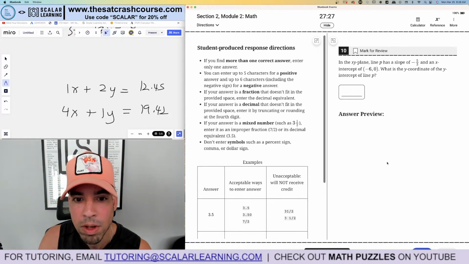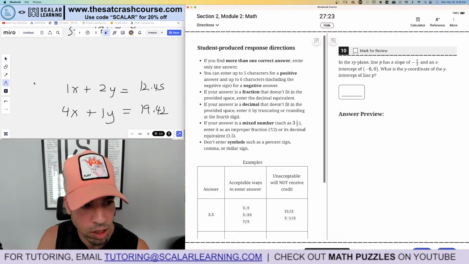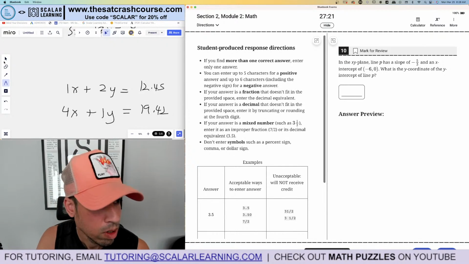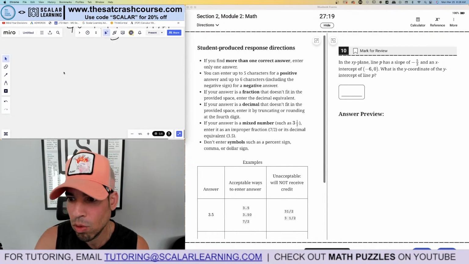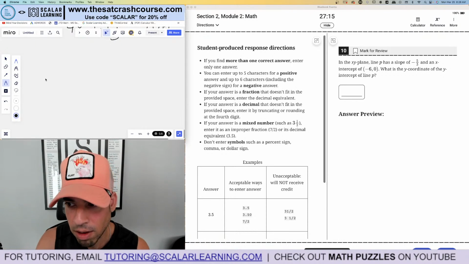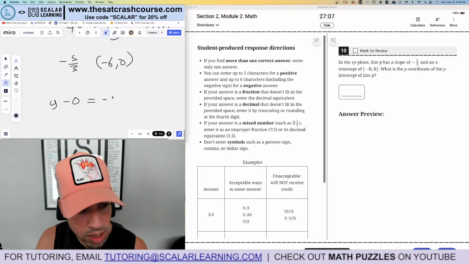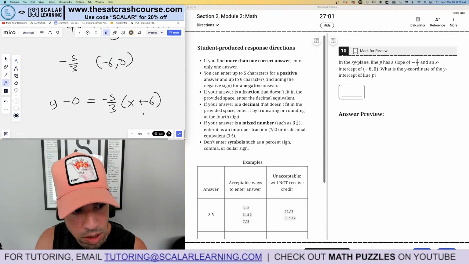Boom, done. Okay. In the xy plane, line P has a slope of -5/3 and an x-intercept of -6. What is the y-intercept? So let's create an equation for this line using point-slope form, because I have the slope as -5/3 and a point at -6, 0. So I'll do y minus y1, which is 0, equals -5/3 times x minus x1, which is -6. x minus -6 is x plus 6.